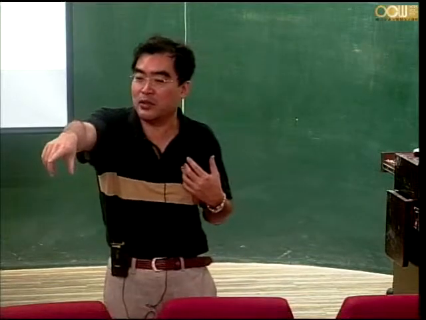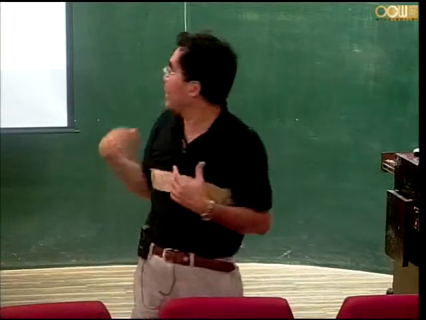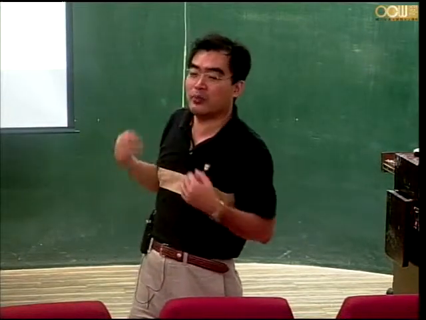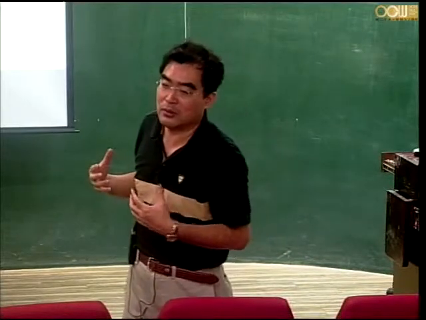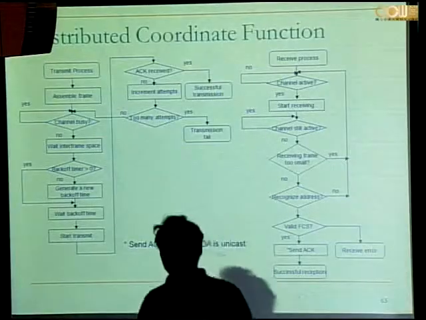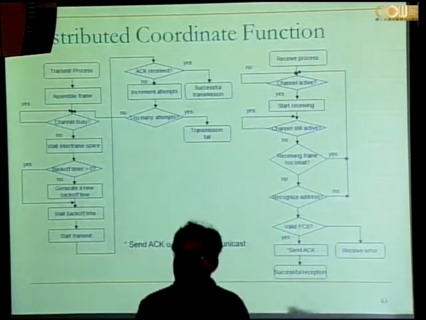Perhaps someone is sending a frame to you. But when I do carrier sense, I sense the channel idle, right? So I do a random backoff, and then I transmit. Perhaps you are not idle at all, and I still transmit. So the channel busy sense here is not accurate at all.